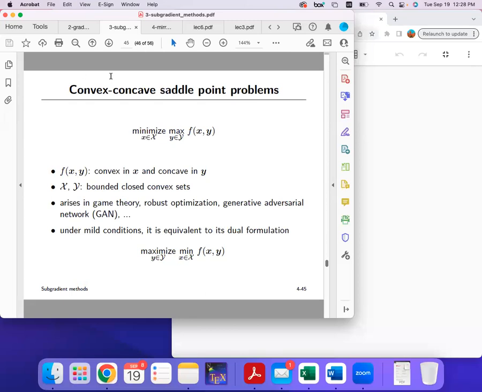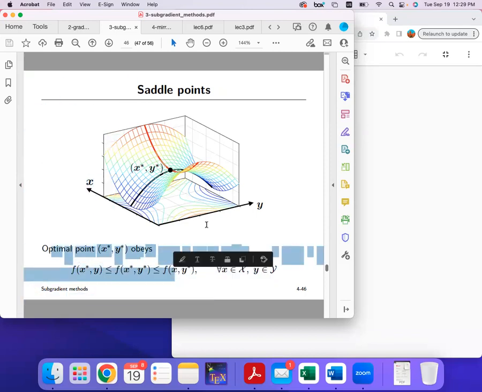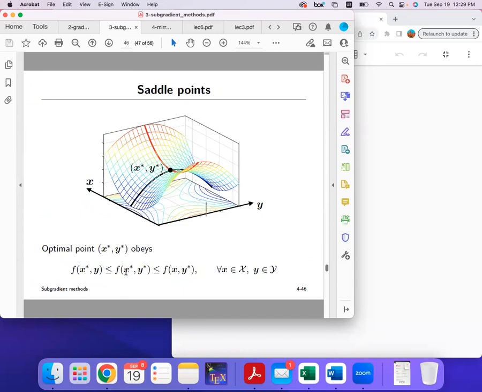This is an example of a saddle point problem. And the optimal point x star, y star satisfies this criteria. So you can say that x star is the best response to y star, and y star is also the best response to x star.